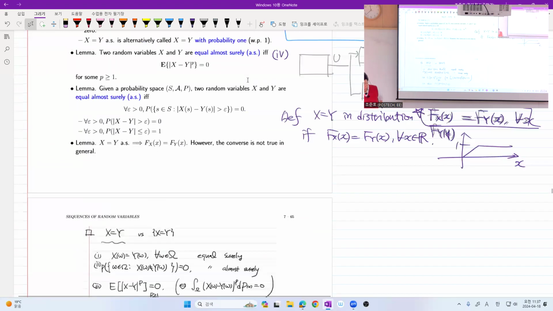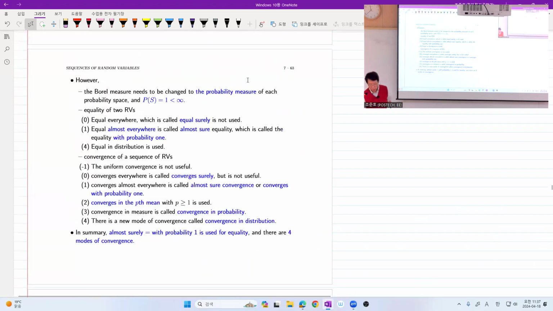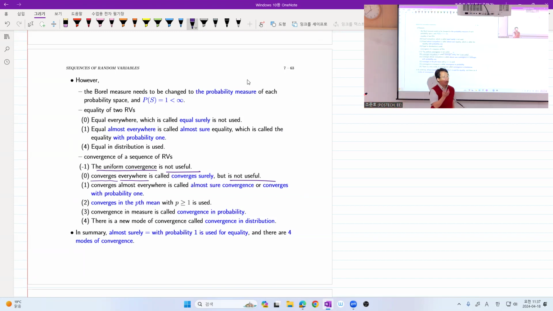So here goes a kind of summary. Convergence everywhere is not useful when you talk about probability. The much stronger one, uniform convergence, is not useful either when you talk about probability, because an event has meaning only when it is evaluated by the probability measure, when it is converted to the probability of the event, not just the event. Got it?